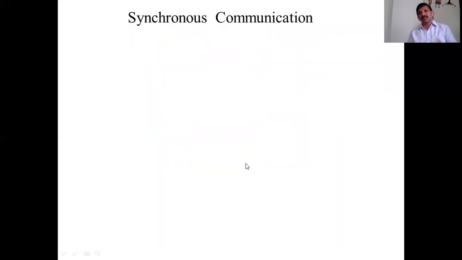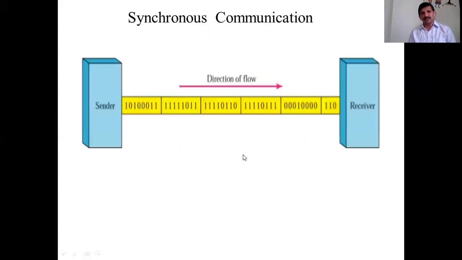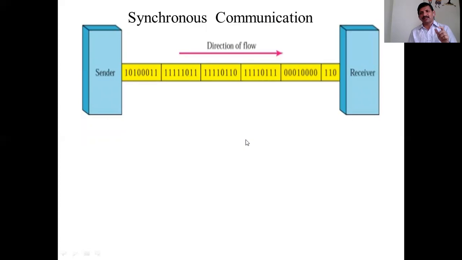Next, synchronous communication. In serial communication, we transmit the data in two ways, synchronous and asynchronous. Synchronous means first the transmitter and receiver are synchronized by using synchronizing pulses, and then only the data will be transmitted, meaning bulk data, like six bytes at a time.